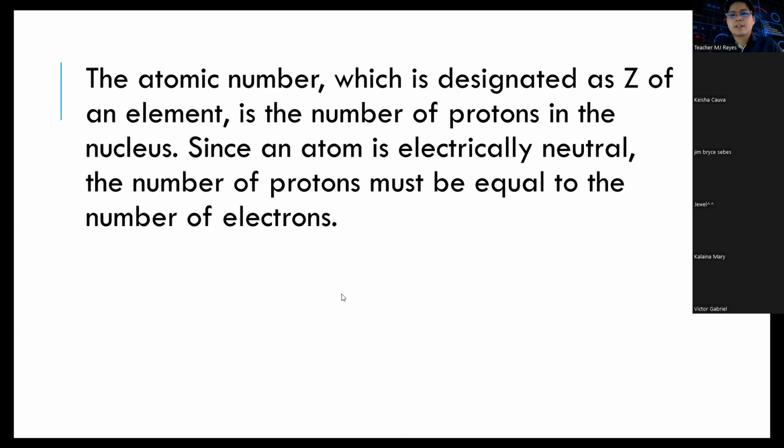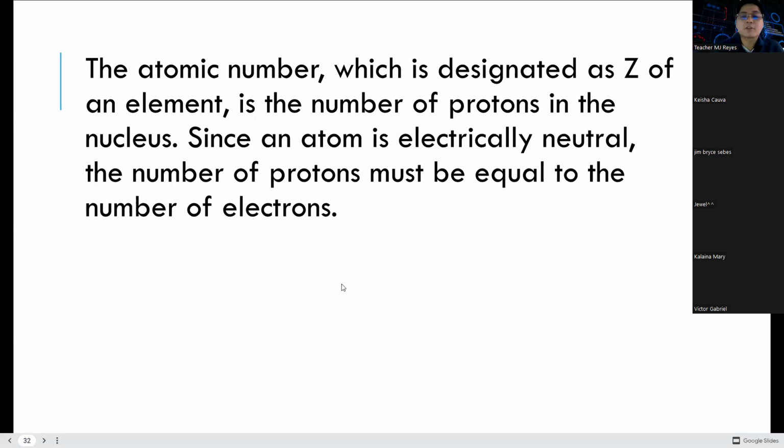So again, the number of protons, which indicates the atomic number, is equal to the number of electrons. They're equal. So if the number of protons in aluminum is 13, the number of electrons is also 13, if it is stable. If unstable, it is a different thing.